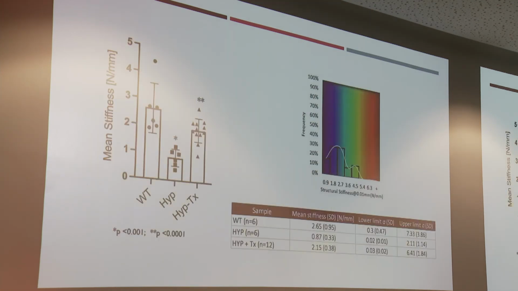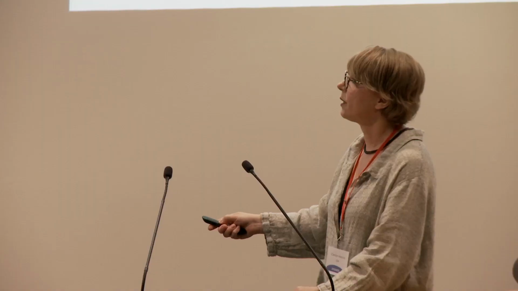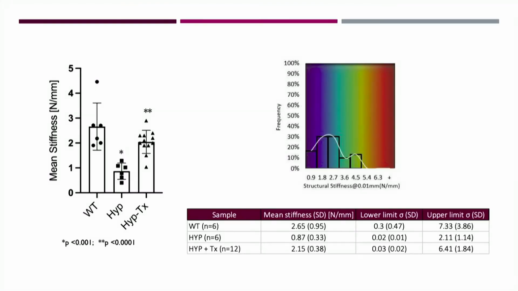And so here we have the numbers of the mean stiffness, and you can see when we treat the Hyp mice, so here's just a summary of those data. When we treat the Hyp mice, we see pretty dramatically that we're able to restore the natural stiffness of articular cartilage.